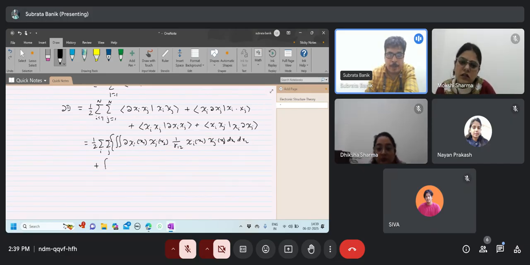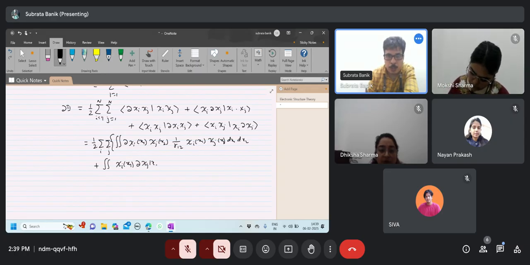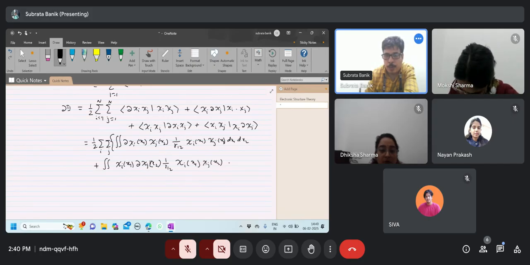I write the double integral of chi i of x1, delta chi j of x2, 1 upon r12, chi i of x1, chi j of x2, dx1 dx2. Write all the four terms.